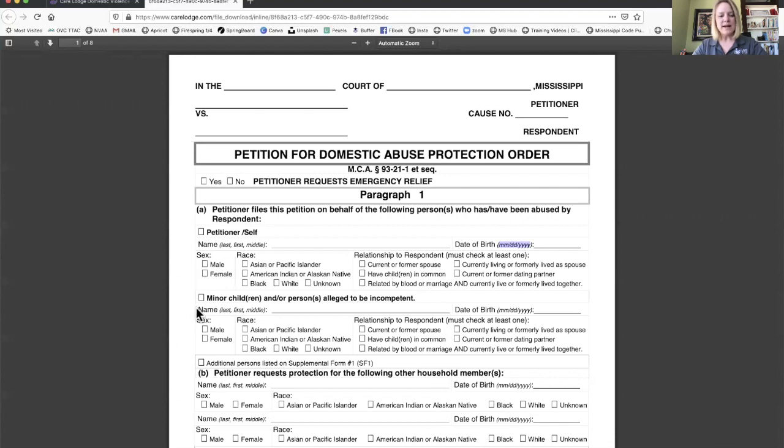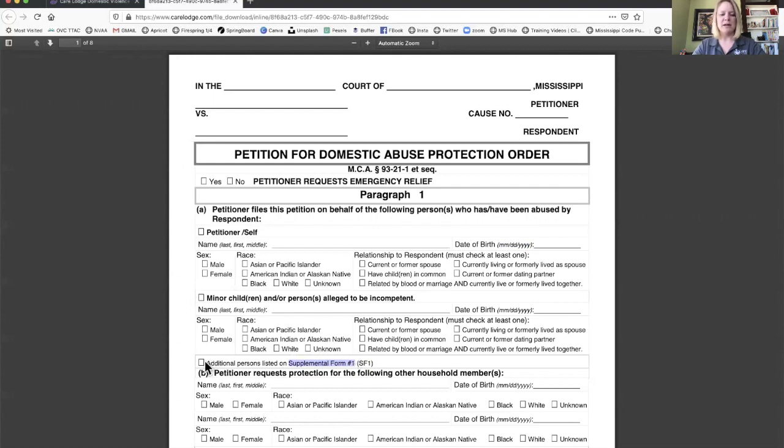And then this next section is dedicated to if you are filing on behalf of a minor or someone who is not able to complete this form on their own. You will put their name here, their birthday, and their demographic information. If it's more than one person, you can use supplemental form number 1 that is given later in this document.